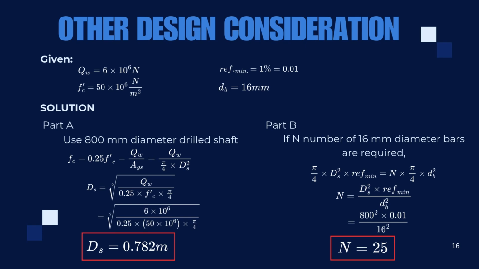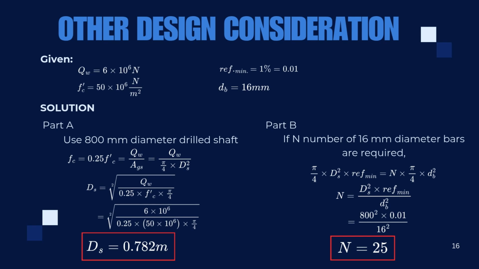First, we solve the required diameter of the drilled shaft. Using the given formula and substituting the values, we compute the diameter. After solving, the required shaft diameter is 0.782 meter. For practical purposes, this is approximated to 800 mm diameter.